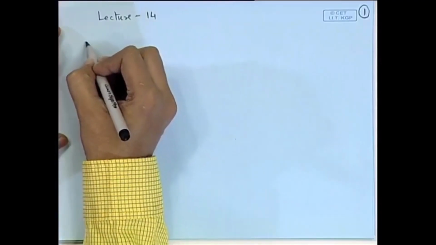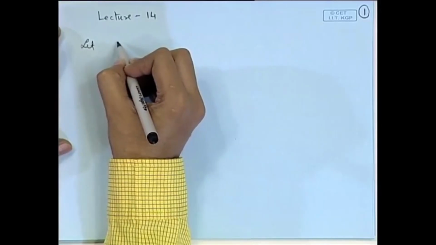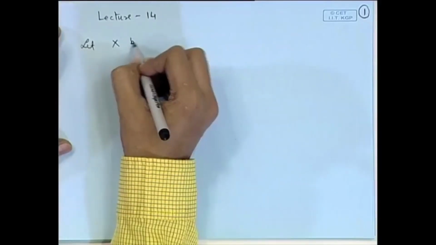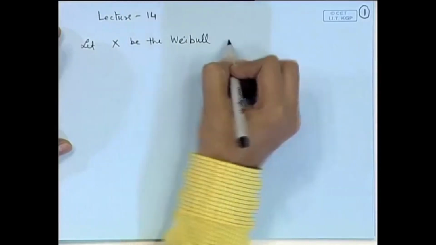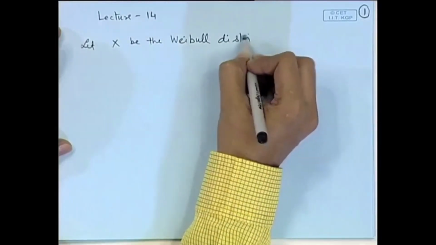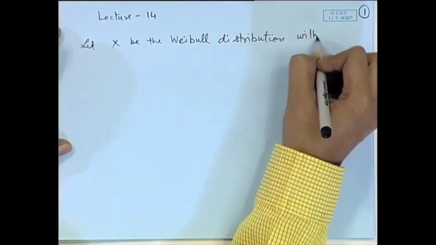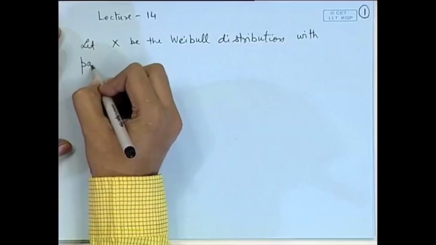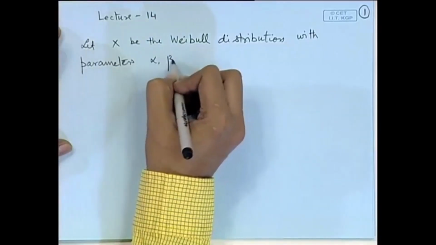So, here let us consider, say, the distribution, let X be the Weibull distribution with parameters alpha, beta.